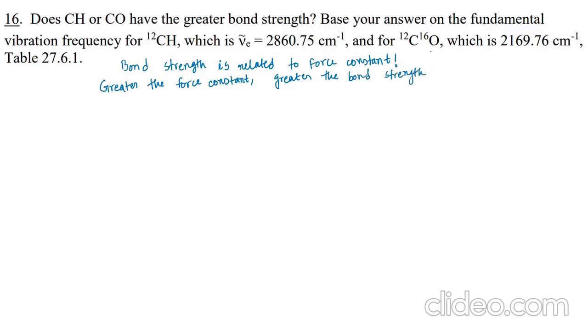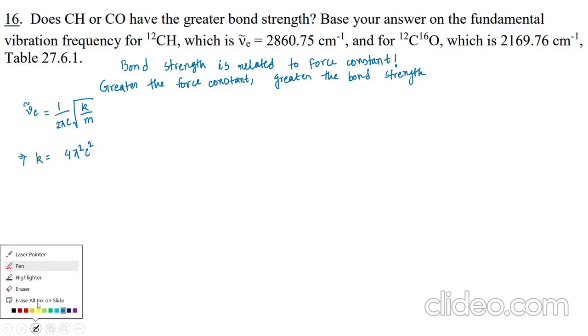Now you remember the equation, right? Which is 1 by 2 pi c square root of k by m, or k equals 4 pi square c square nu bar square m. Instead of m, I write mu as I was writing everywhere, the reduced mass.